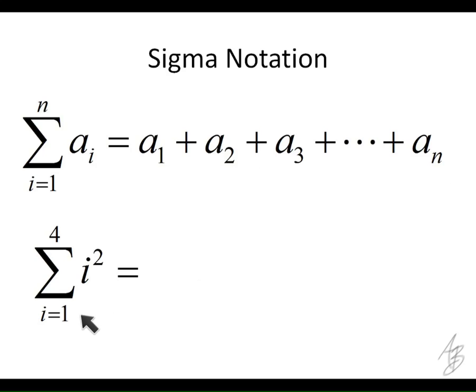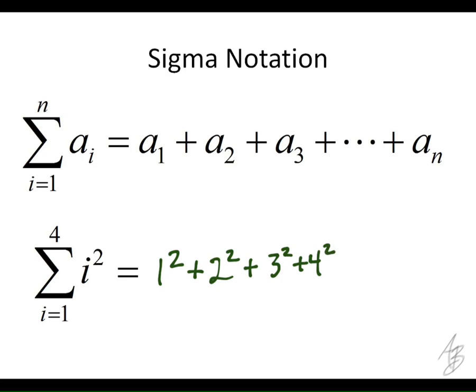So let's do this real quick. What would be the value we get here? And how would we do it? What are we going to start with? i equals 1, so we put 1 in, we get 1 squared, right? Then we go to 2. We put 2 in, and we get 2 squared. And then we go to 3. And how do we know when to stop?